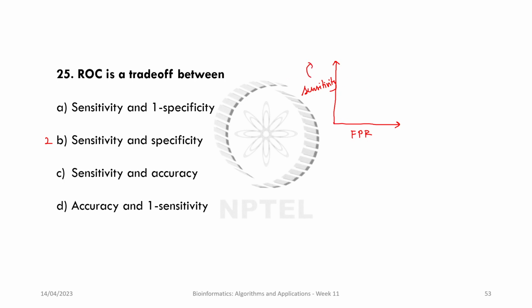So this will be TP by TP plus FN. And what is FPR? 1 minus specificity.